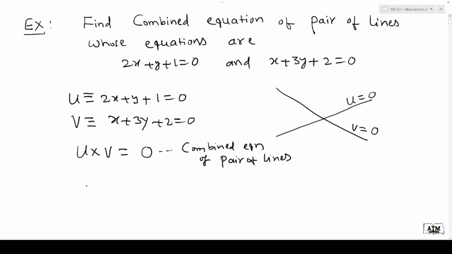So what is u? 2x plus y plus 1. This is u, and x plus 3y plus 2 equals 0. We need to multiply both the equations. We need to open the brackets.